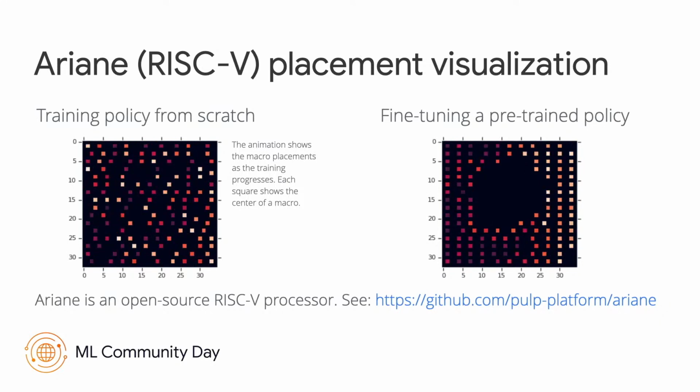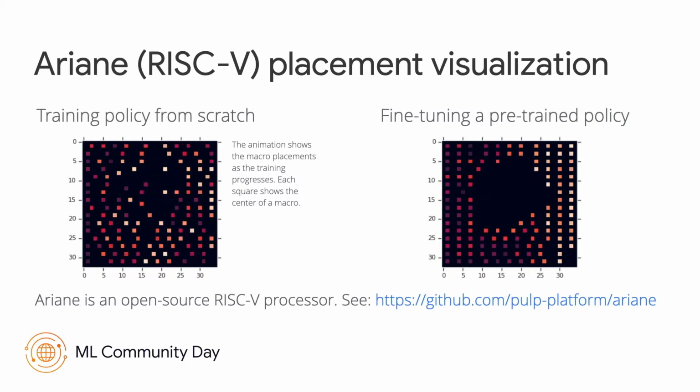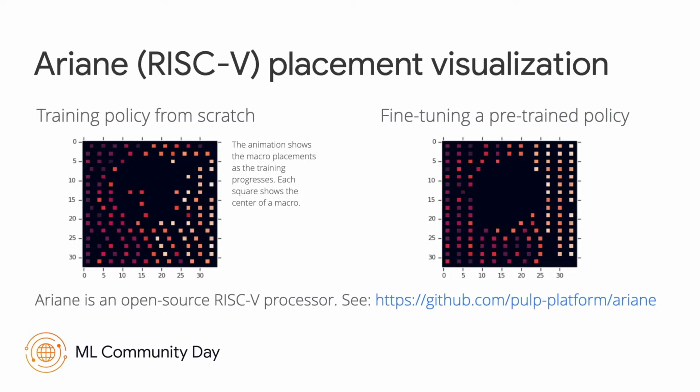And what you can see here is that the policy trained from scratch takes a while to come up with optimized placements, whereas on the right side, right in the beginning, the pre-trained policy knows to assign a space in the middle for the standard cells and place the macros, and those are the small squares you see on this slide, on the peripherals of the canvas. So what's happening here is that the pre-trained policy actually learned how to deal with this new netlist really well, really quickly.